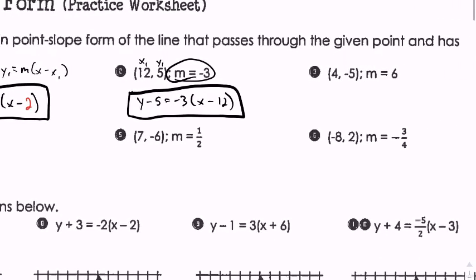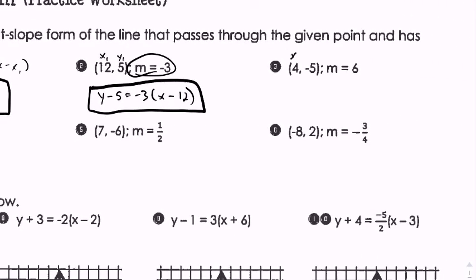Okay? 3. Again, x1, y1. They tell you m. Substitute them in. So you have y minus negative 5 equals your slope 6 times x minus 4.